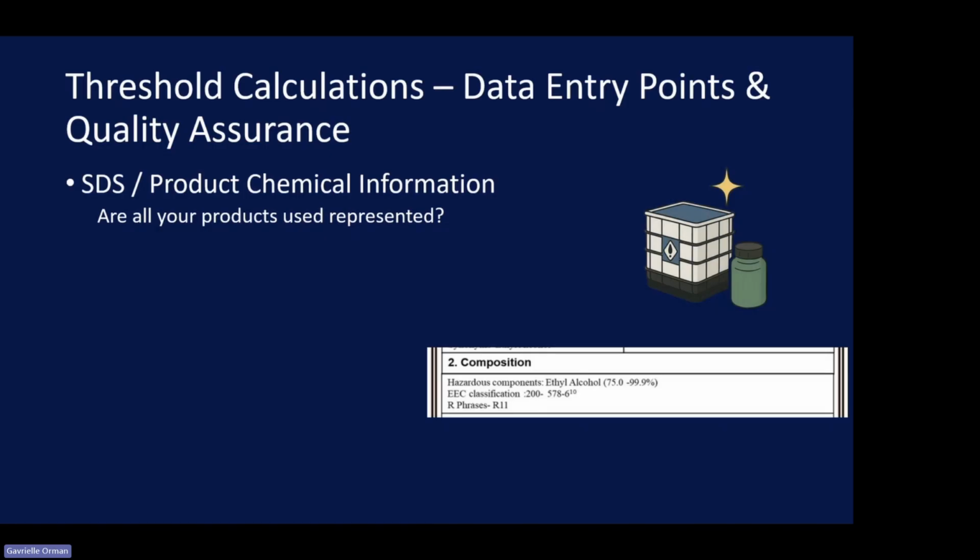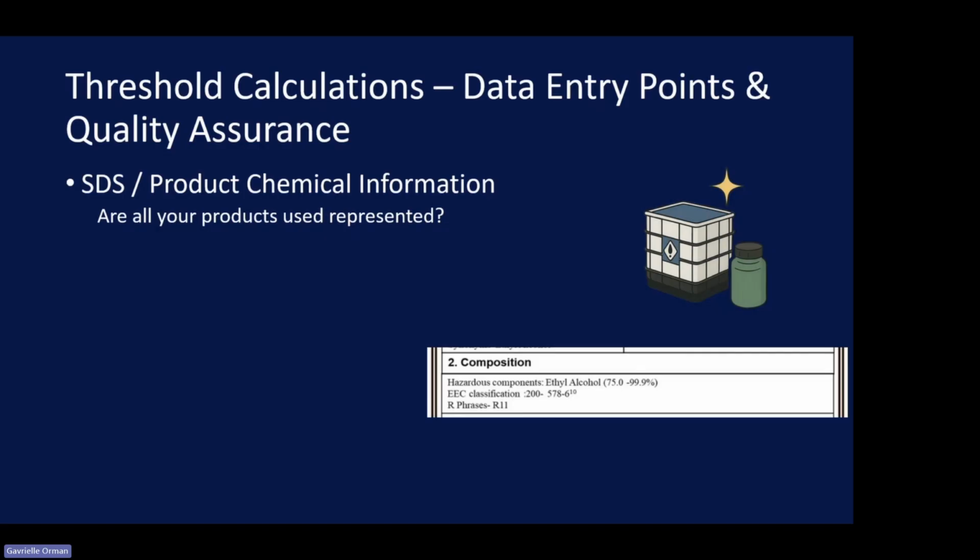So what are ways we can do this? When we look at our end product, sometimes you just need to break it down by, okay, we have 5 products. Every single product, trace it back through your process to figure out what are your inputs. Make sure that you grab all the SDSs for those inputs and start creating your chemical inventory for TRI purposes.